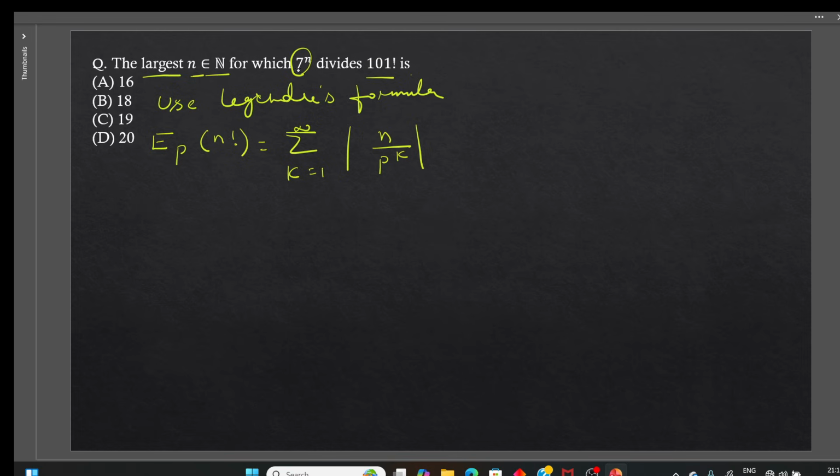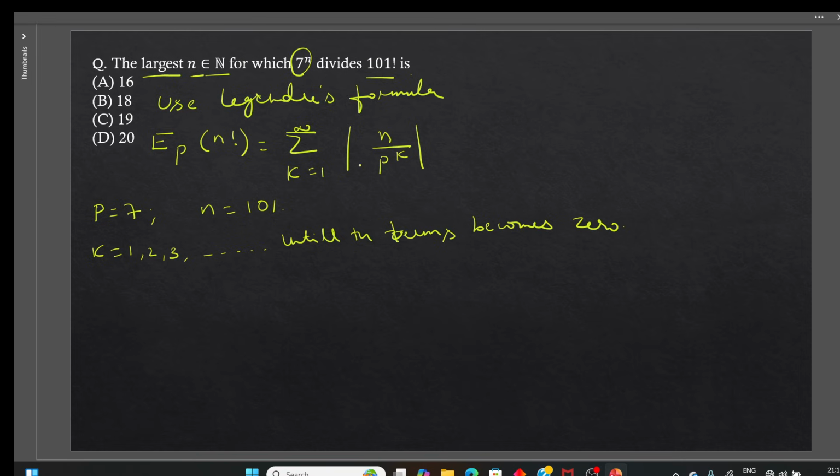From this question, the prime is p equals 7, and n is 101. Up to where do we sum, k equal to 1, 2, 3, and so on? Until the terms become 0.